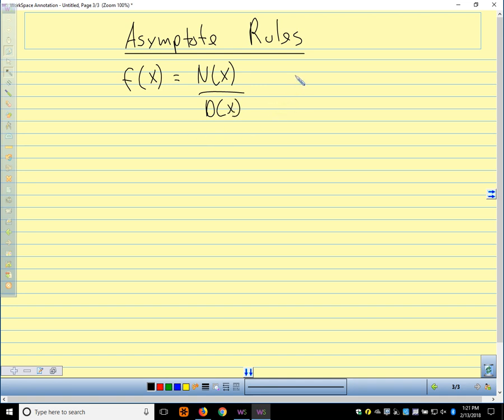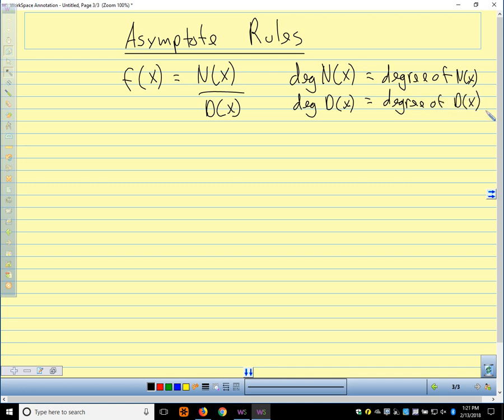And I'm going to use an abbreviation: DEG of n of x is the degree of the numerator, and DEG of d of x is the degree of the denominator. Degree just means the highest power of the variable. So if the highest power is a fifth power, it's a fifth degree. If our highest power is a seventh power, it's a seventh degree.